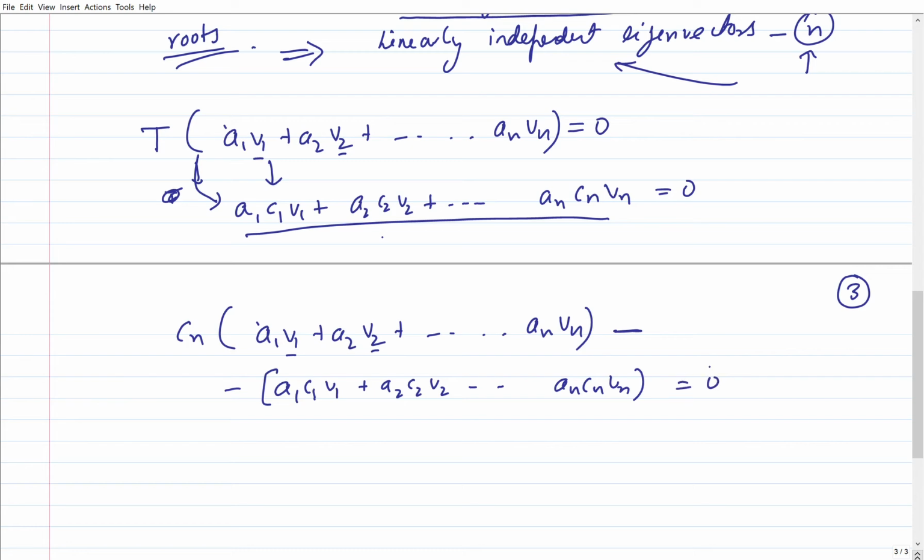I get essentially A1 (C1 minus Cn) V1 plus A2 (C2 minus Cn) V2 up to A(n minus 1) (C(n minus 1) minus Cn) V(n minus 1) equals 0.